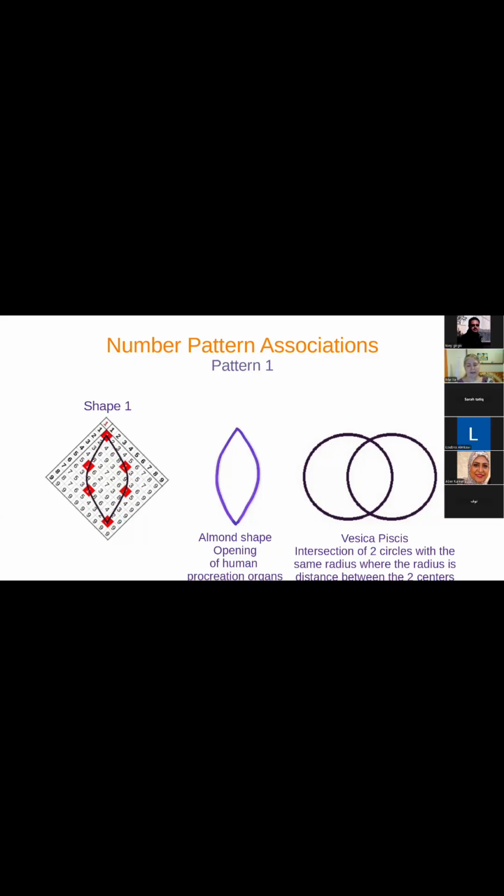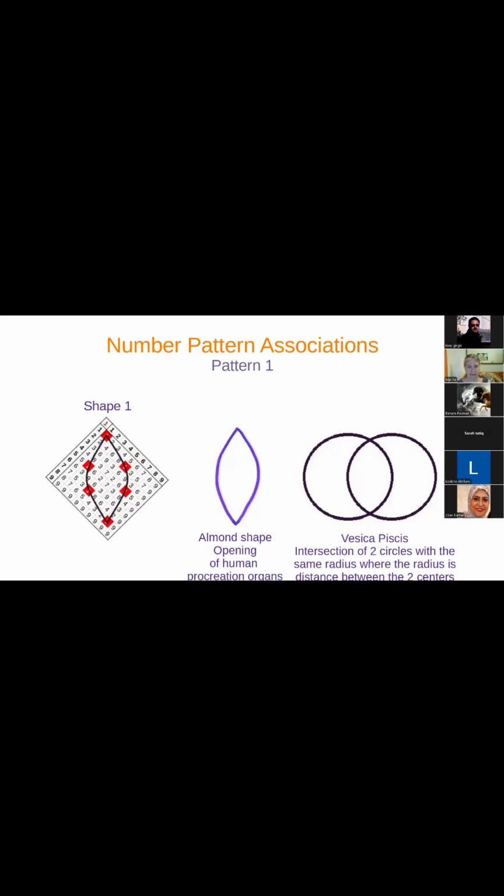In mathematical terms, it's the intersection of 2 circles with the same radius, where the radius is the distance between the 2 centers. In a spiritual context, it's always a unity circle. It's always of the unit 1, whatever that unit may be. 1 is associated with that radius.